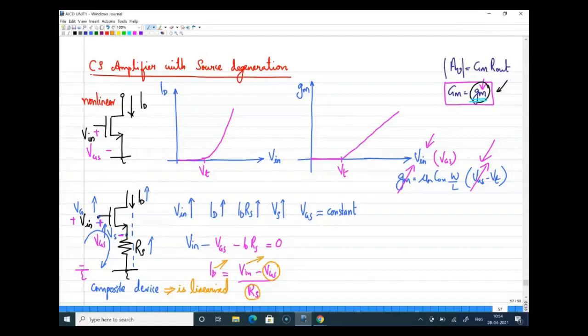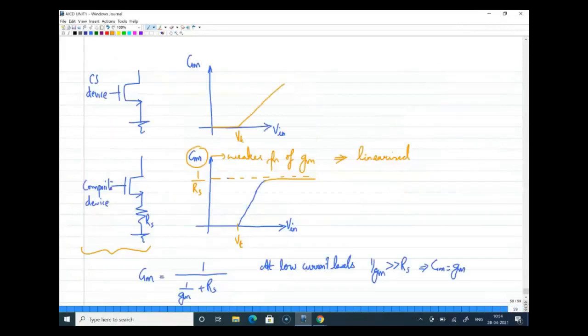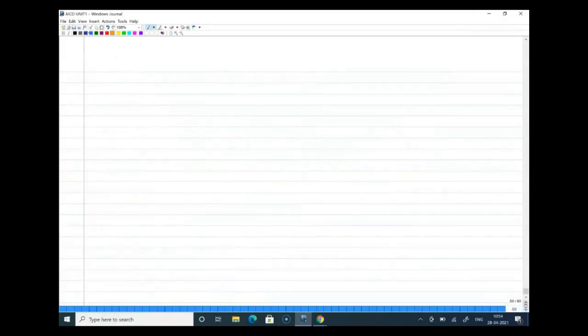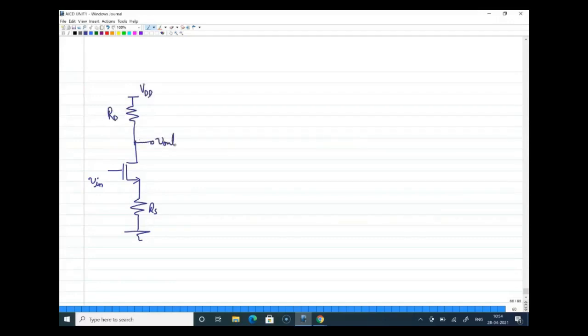We haven't seen the complete circuit of the source degeneration circuit, right? We drew only the initial part or the input side. This is Vin, this is RS. Now this has to be terminated using a load here. So this is RD, and this is VDD, and this is the output. So this is your CS amplifier with the source degeneration.